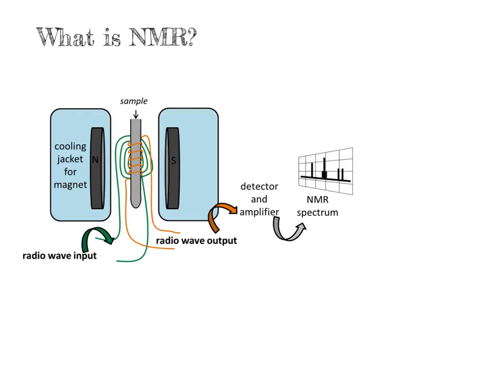Then we have the radio wave output so that as they flip back, they release energy. This energy that's released is detected. It's amplified so that we can actually see it ourselves, and this signal is presented as a graph, which we saw on the first slide, so it's called an NMR spectrum.